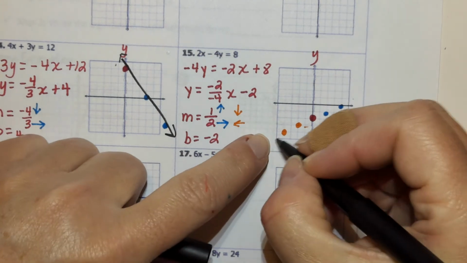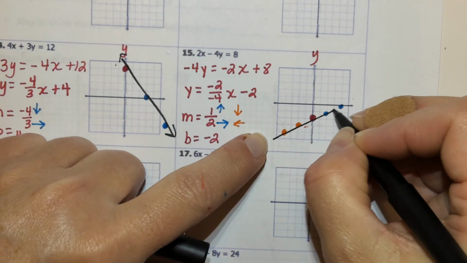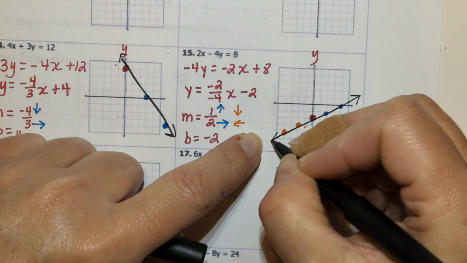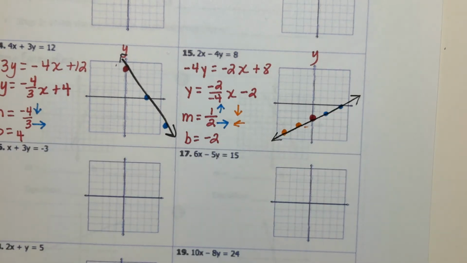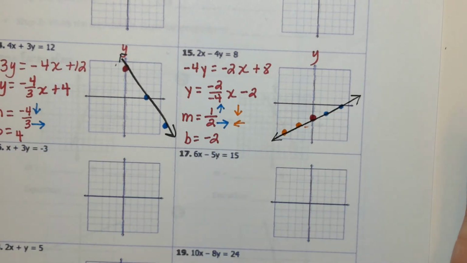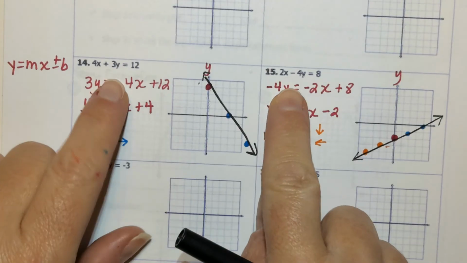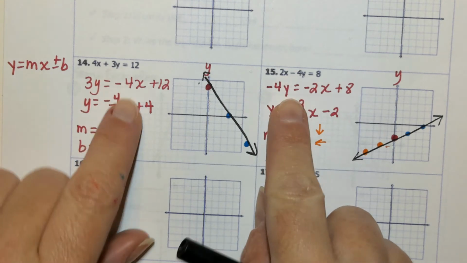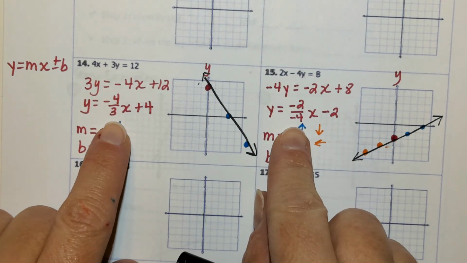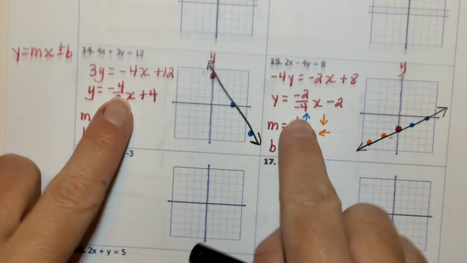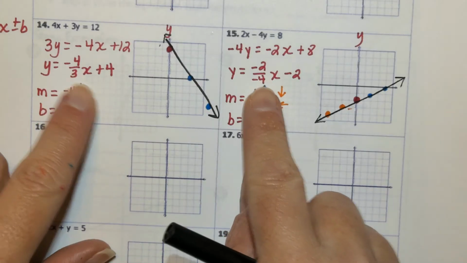Up 1, right 2. If I want to drive in reverse, I would go down and left. Down 1, left 2, down 1, left 2. As predicted, those dots make a nice straight line.